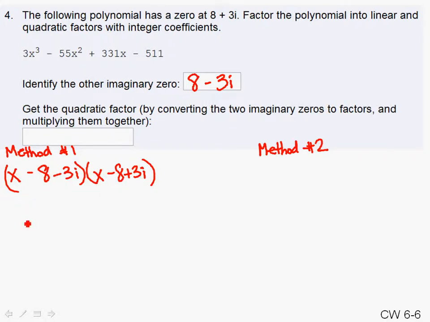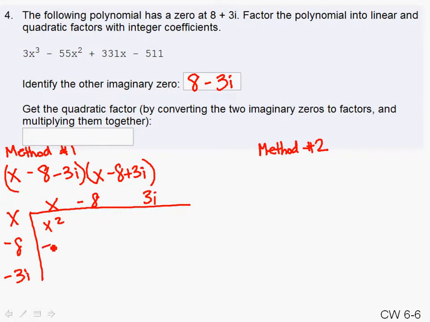Okay, if we multiply these, we get x, negative 8, and negative 3i. Okay, we're going to use the box method to multiply. So x, negative 8, and positive 3i. So we have x squared, negative 8x, and negative 3i times x.